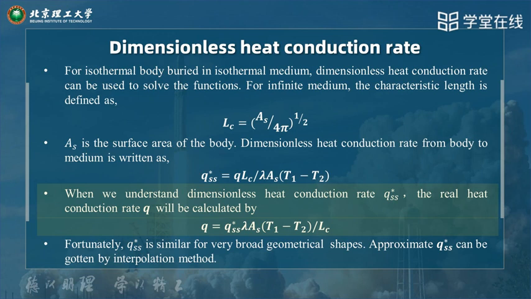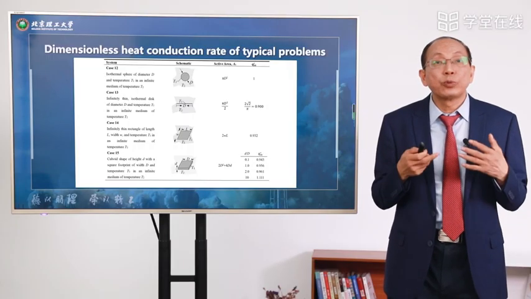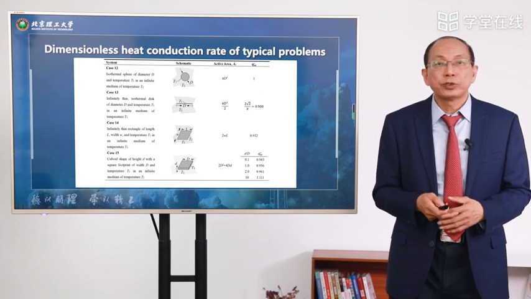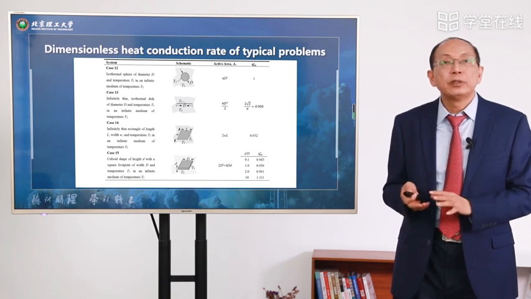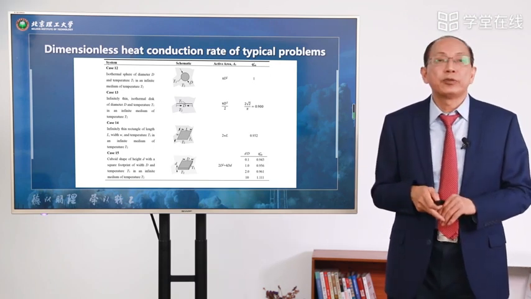Fortunately, Q psi SS is similar for very broad geometrical shapes, and approximate values can be gotten by interpolation. For typical problems, we can mostly check them from this table.